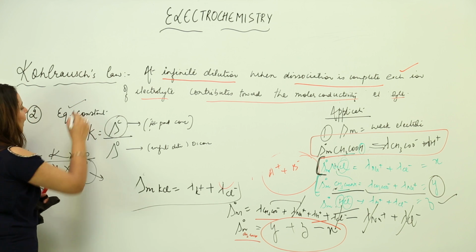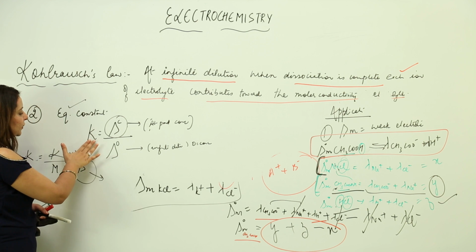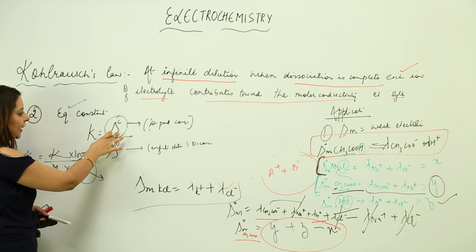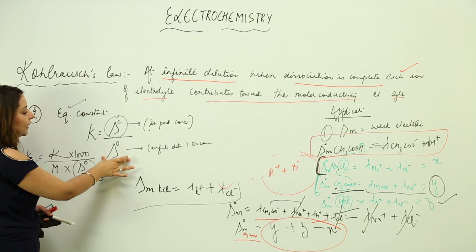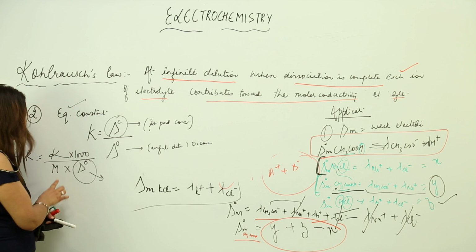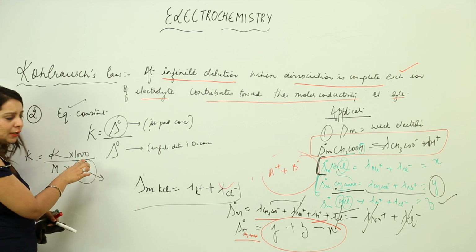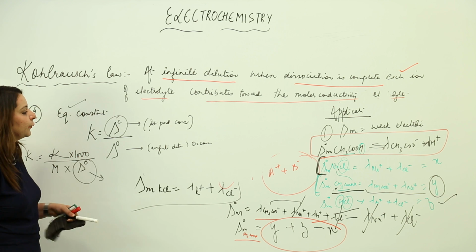So this is the second application, that we can find the equilibrium constant. How? We just have K equal to the conductivity at a particular concentration over the conductivity at infinite dilution. Putting this value, for molar conductivity we have kappa upon m into 1000. So this is what we can get, and we can solve for K.